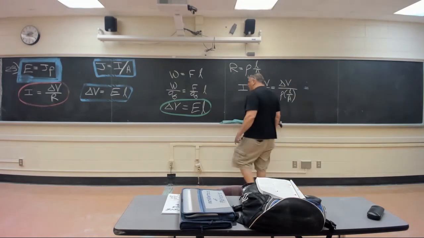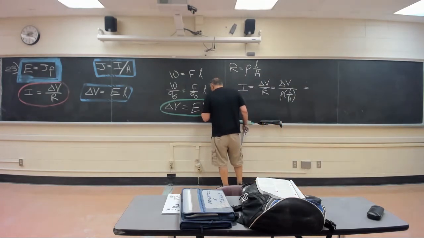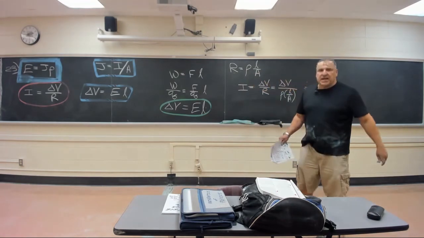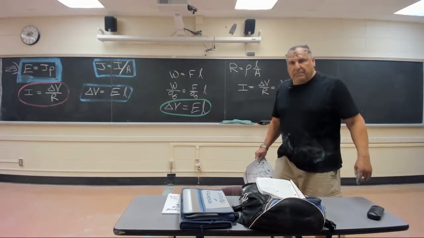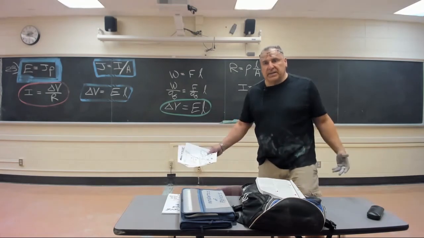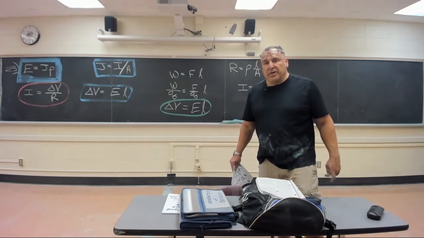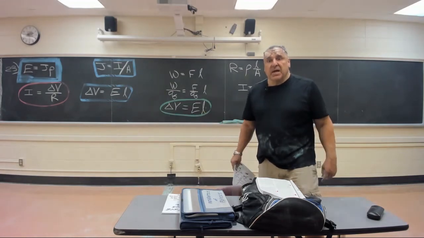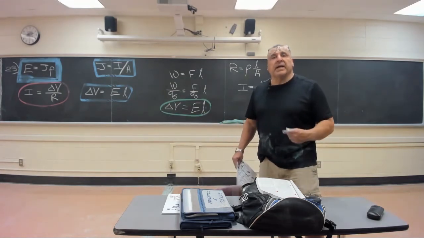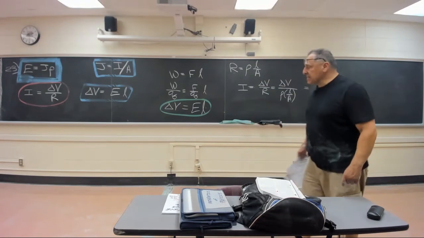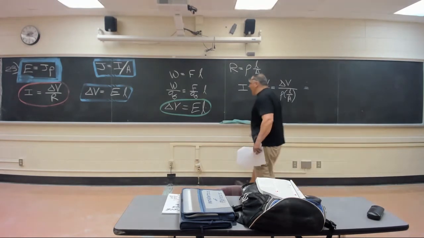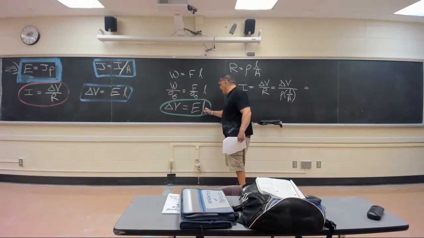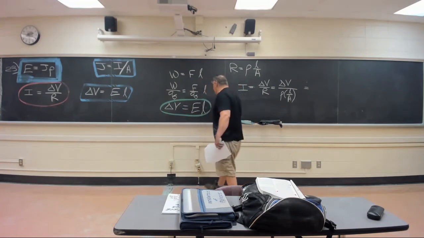So it's directly proportional to the magnitude of E and directly proportional to the distance. If this is taking place over a very large distance, there's a tremendous amount of potential energy associated with that. This charge is going to get accelerated over a very long distance. How long a distance? Well, L, whatever L happens to be. But if L is big and E is big, delta V is going to be a big answer.